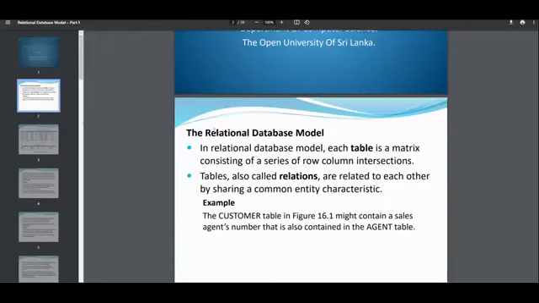But here we have to emphasize how relationships occur in some specific selected database or section. So that's why we are studying this section.